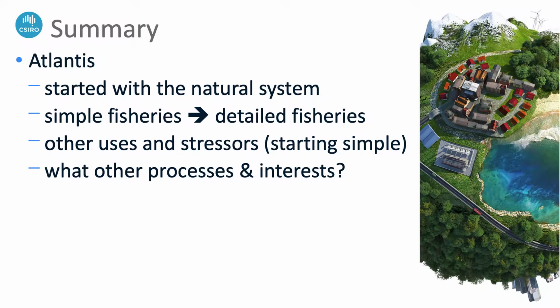So as a summary of all that, Atlantis started as a model of the natural system, and it was pretty much just for me to play with, to understand how you put an ecological model together, what influences, how do ecosystems work. Through the course of the last 20 years, it's grown from that to include simple fisheries and then more detailed fisheries.